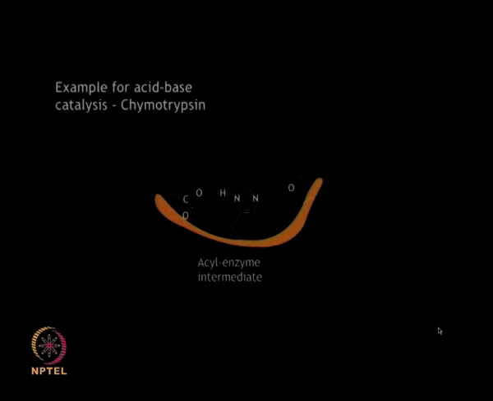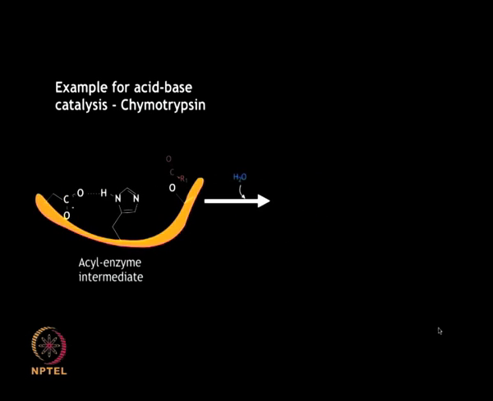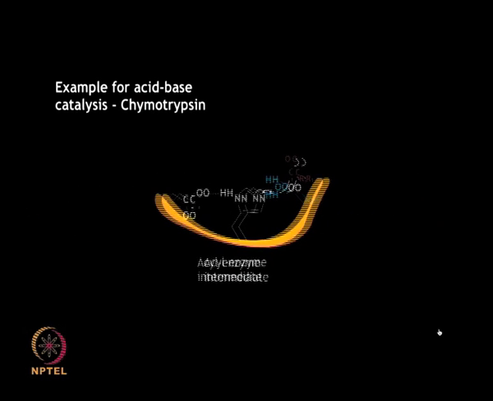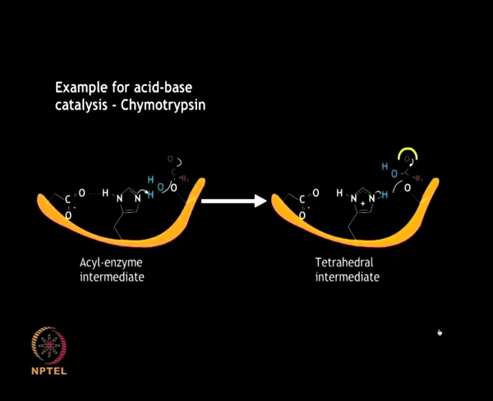Once the amine group leaves the enzyme's active site, it is replaced by a molecule of water, which carries out hydrolysis of the ester group of the acyl enzyme intermediate. The mechanism for hydrolysis proceeds via formation of a tetrahedral intermediate, with histidine acting as a general acid catalyst and the negative charge on oxygen being stabilized by residues in the oxyanion hole.